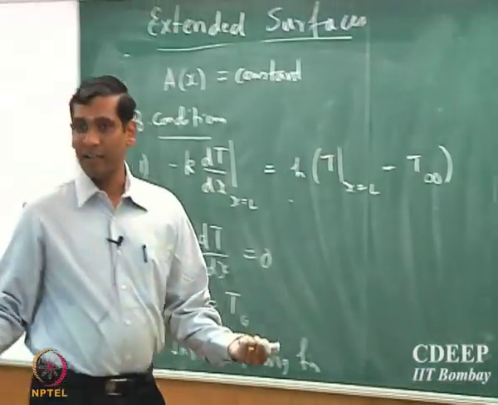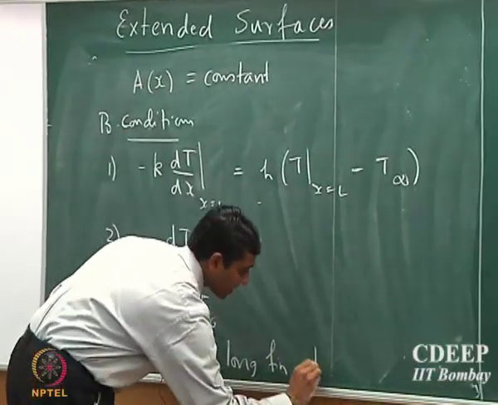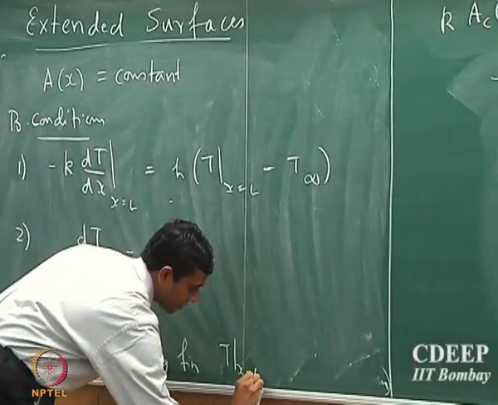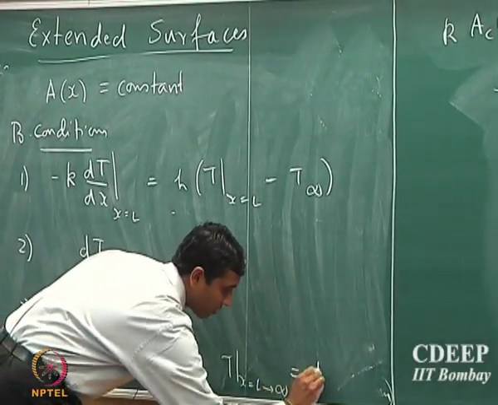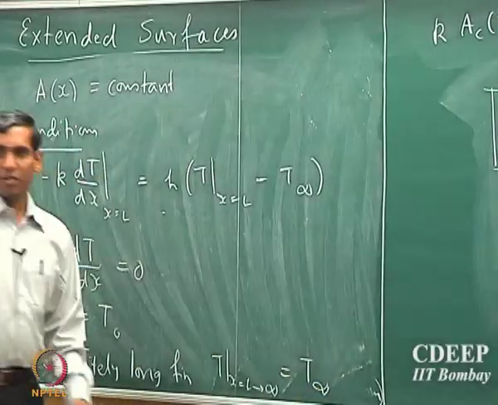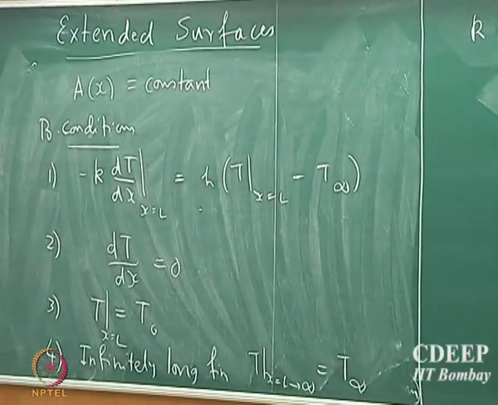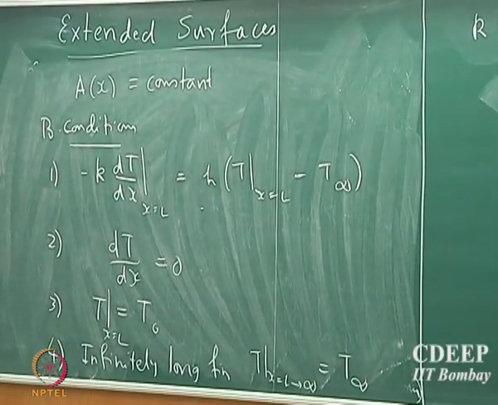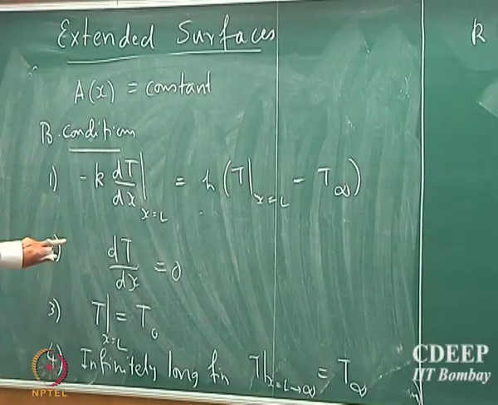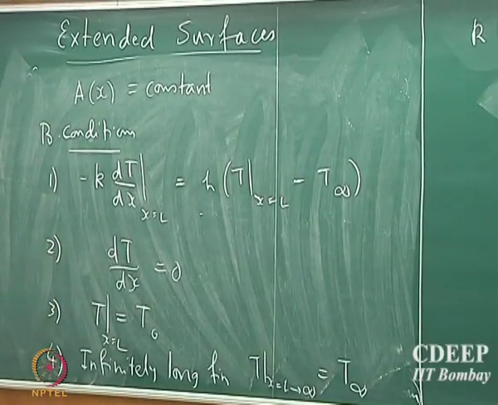T equal to T infinity, right? So you expect that T at x equal to L, with L tending to infinity, will be equal to T infinity. That is just for standardization purposes. You will never achieve such an ideal situation however long the fin is, but for standardization purposes such a boundary condition has been prescribed.